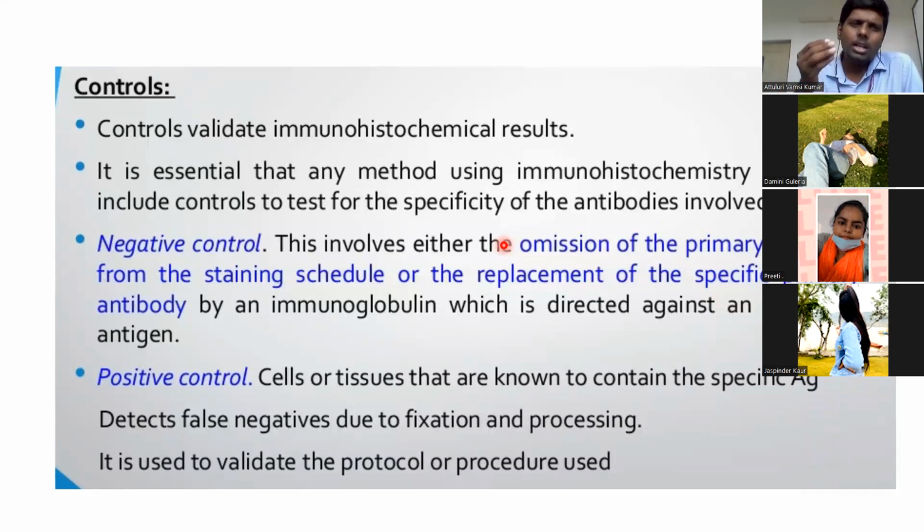Now coming to the controls. What is the significance of these controls? Control means, I performed IHC immunohistochemistry staining. My target antigen is prostate specific antigen, and I got the color. How can I trust my results? How do I trust that my antibody is really showing me the prostate specific antigen?